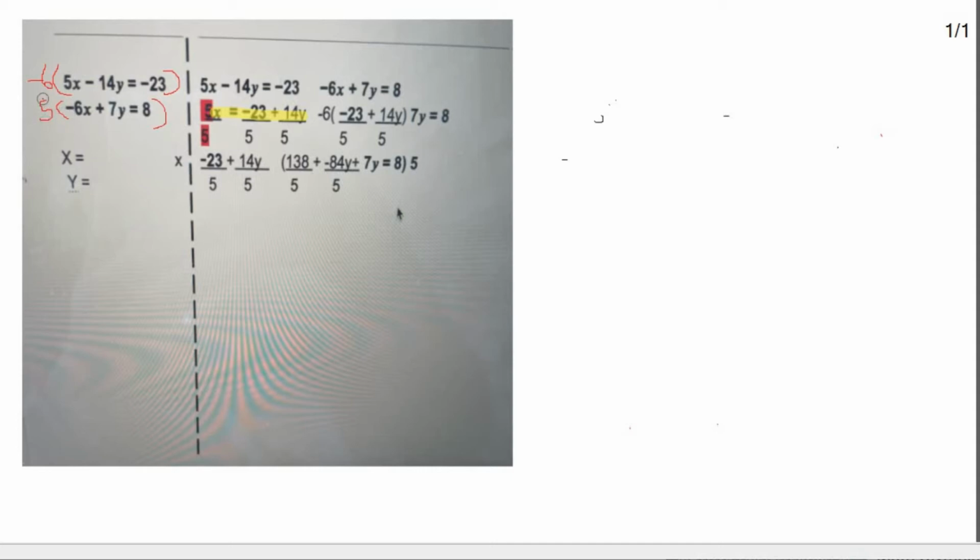The reason why is because a -6 times 5 will give us a -30. I'm sorry, you have to make this a -5, because when you multiply a -5 and a -6, that's going to give us a +30. And a -30 and a +30 will cancel each other out.